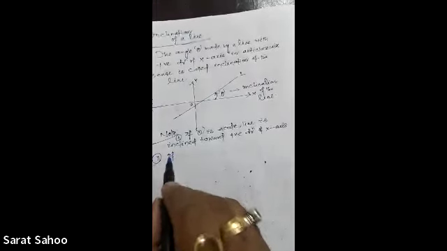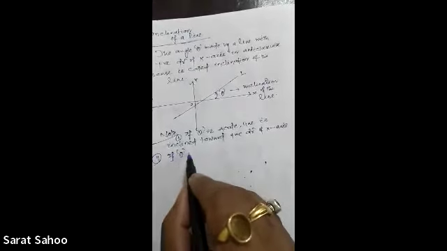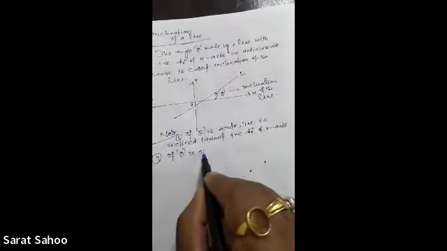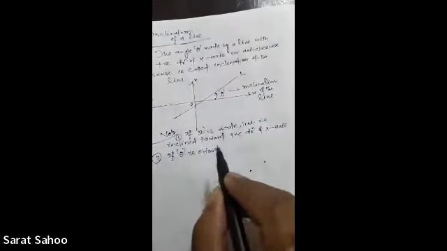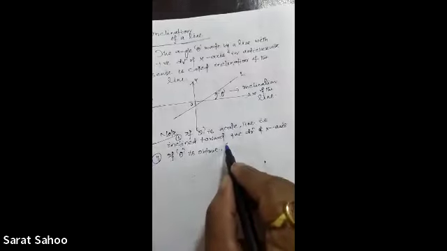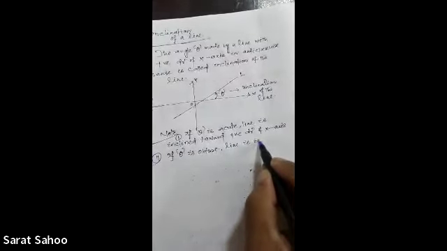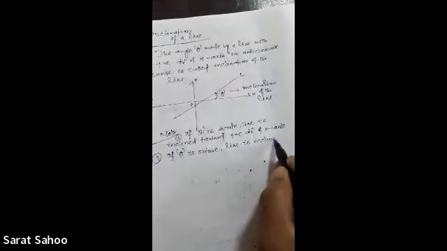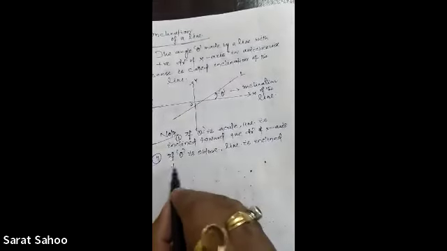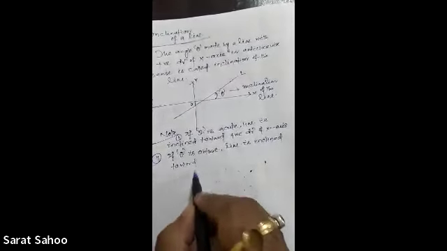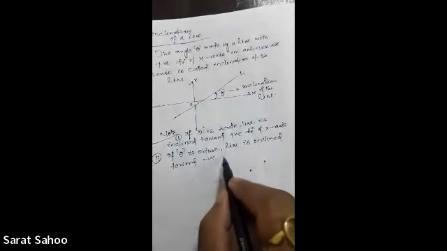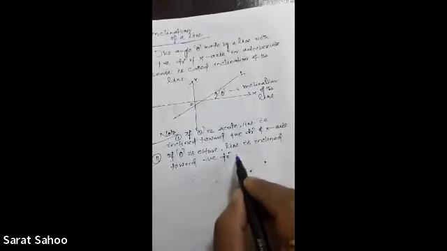If theta is obtuse, the line is inclined towards the negative direction of x-axis.